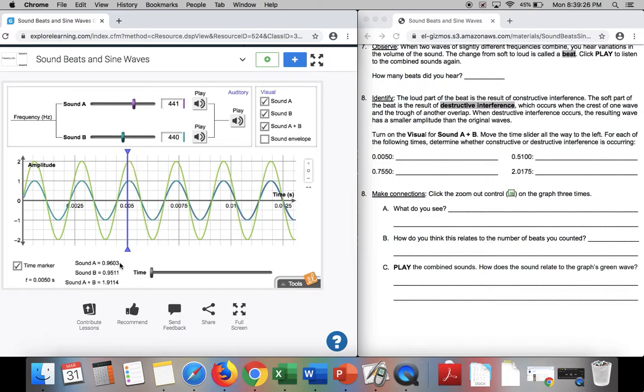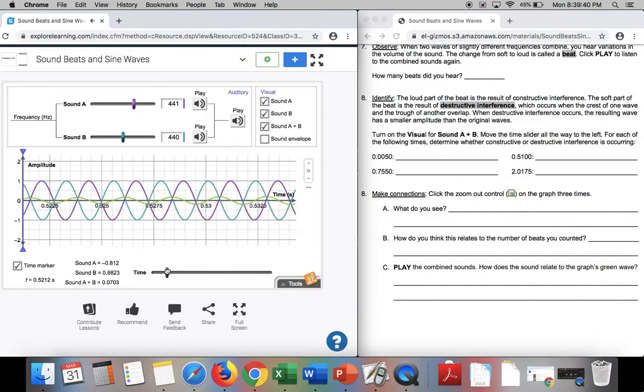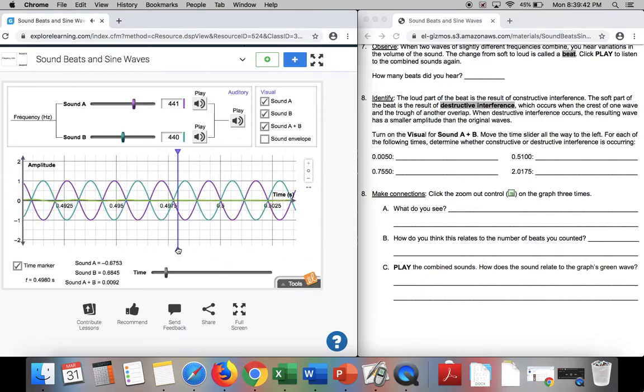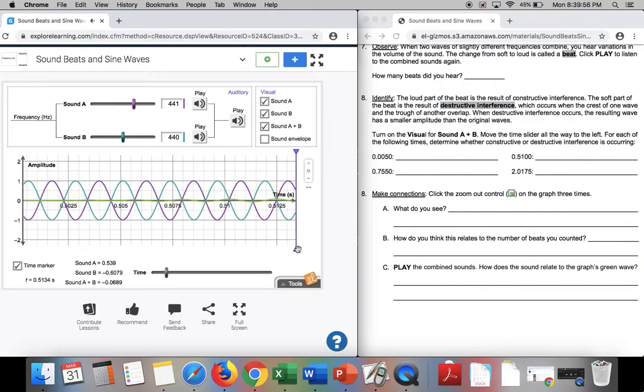If I go to 0.5, so if I go 0.51, sound A has got a negative 0.5358.